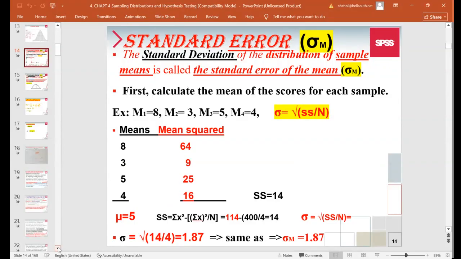As you can see, the new symbol is sigma m. In reality, the standard error of the distribution of samples, or standard error for short, is the standard deviation of the distribution of sample means, and it's called the standard error of the mean, or just standard error.